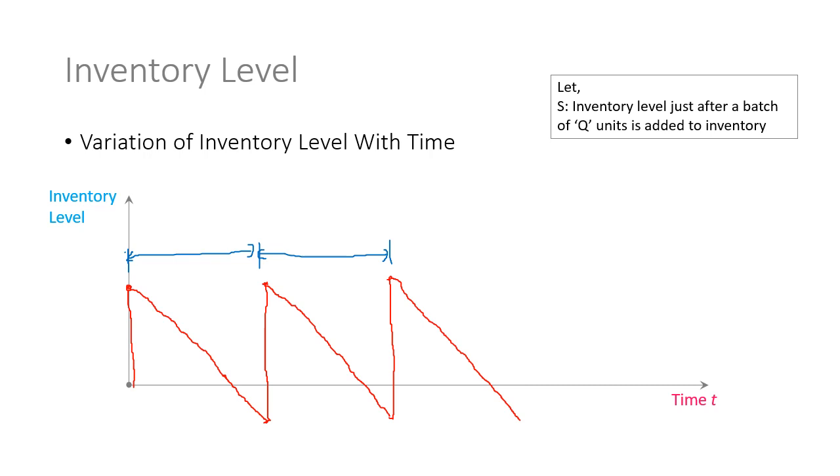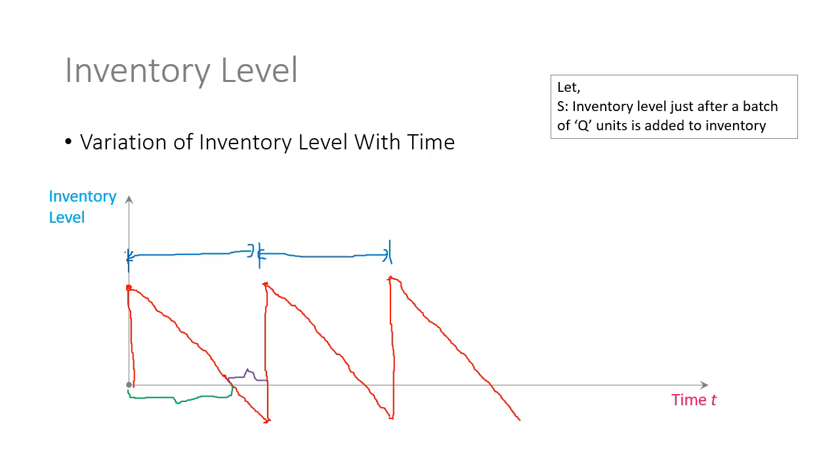What we want to understand here is that each cycle can be divided into two portions. For this particular model, we see that the first cycle can be split into two portions. I am representing the first portion by the green color and the second portion by the purple color.